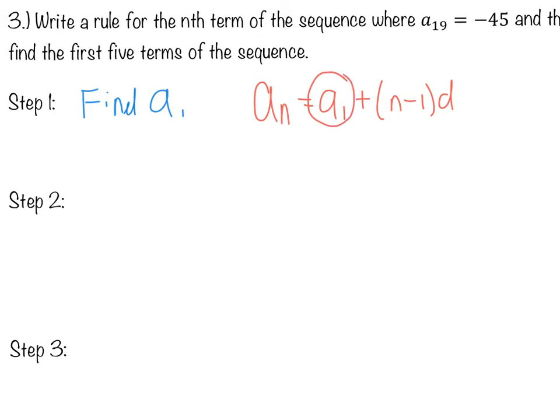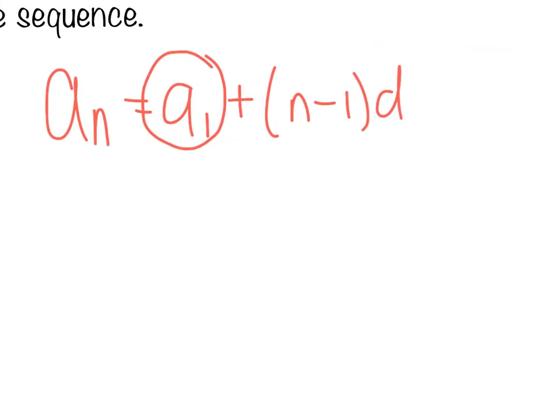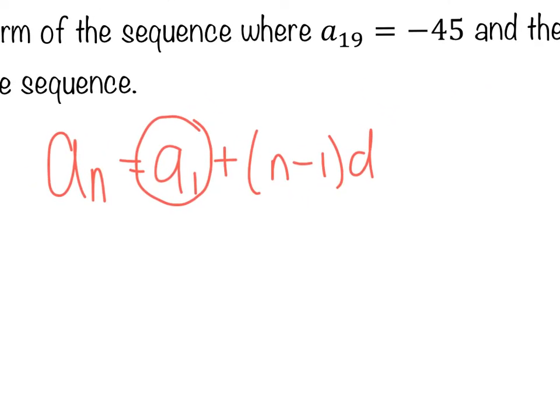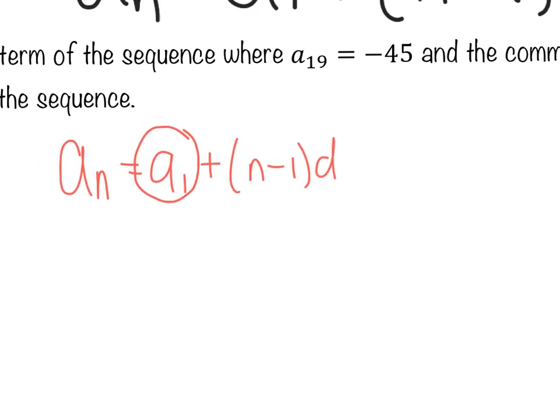Now, the good news is it did give us one of the terms. It said that, hey, the 19th term is -45. So n is 19, and a sub n is -45. So we can plug that information into our formula, including the value of d, and figure out what a sub 1 is.